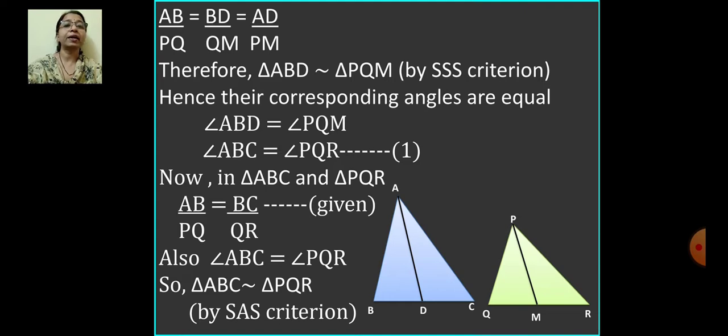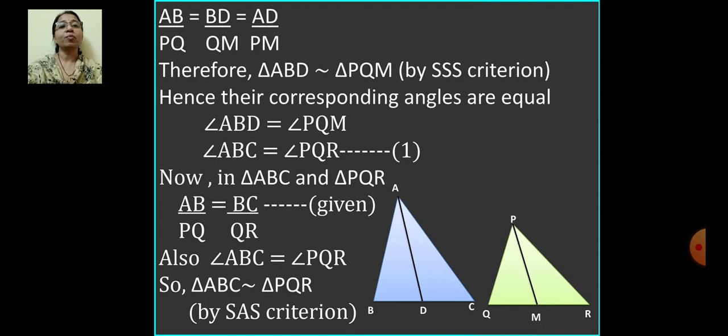See from the diagram. So that means all three sides of one triangle are proportional to the corresponding three sides of the other triangle. So therefore triangle ABD, see, half triangle, is similar to triangle PQM. By which criteria? SSS criteria. So once the triangles are similar, their corresponding angles are equal.